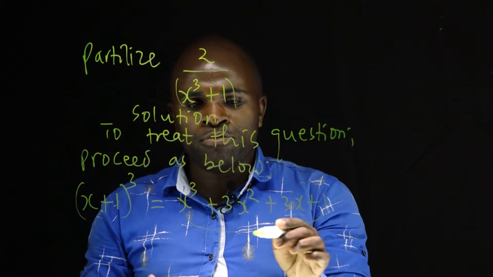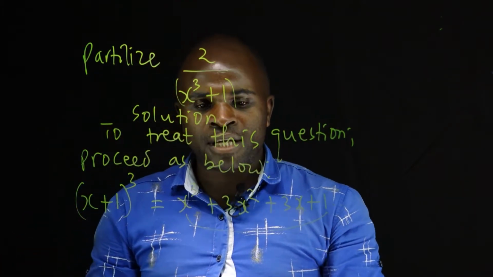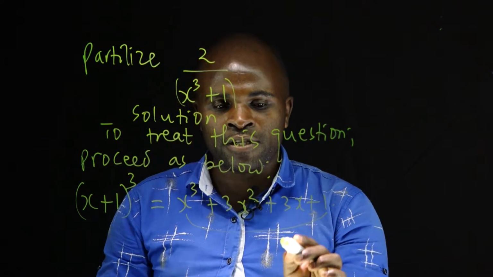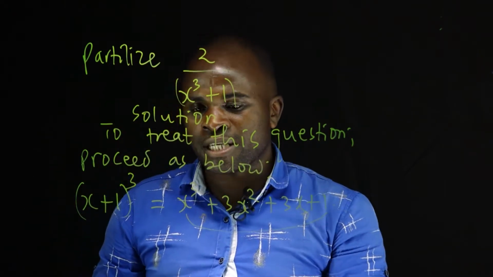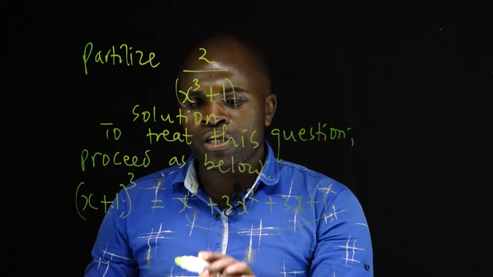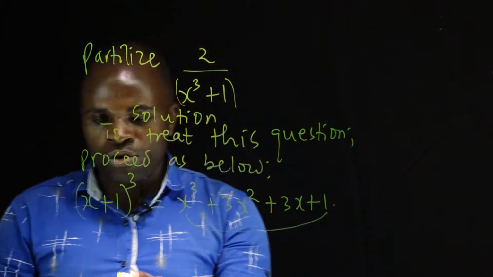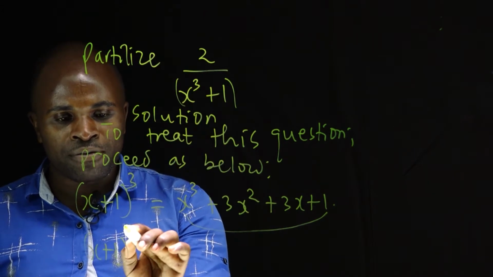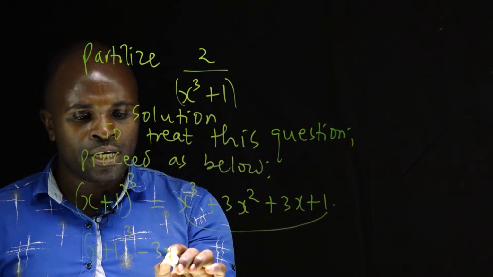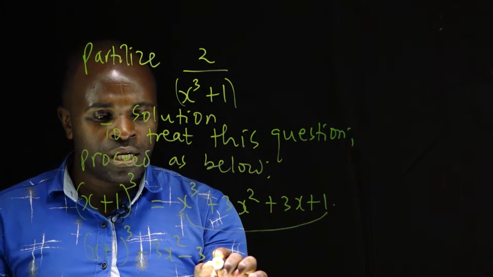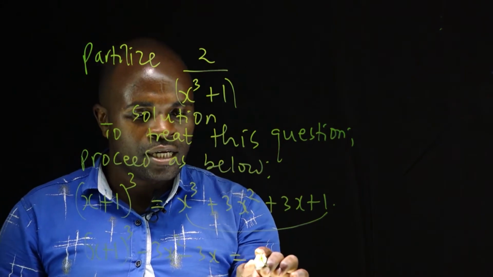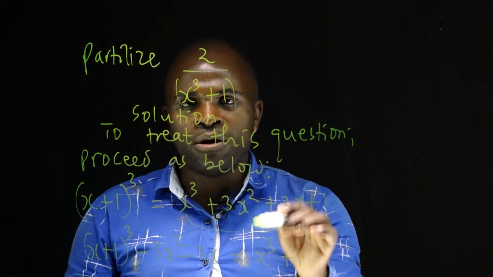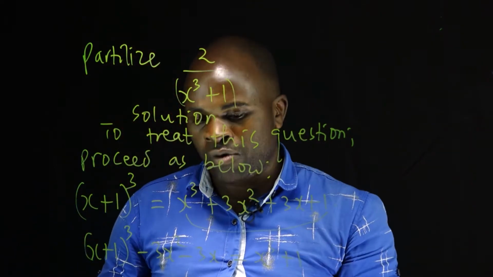Therefore, one could be just taking the terms 3x squared and 3x to the other side of the equal sign. It will be changing to become minus. So we have x plus 1 power 3 minus 3x squared minus 3x, and this side x power 3 plus 1, which is a part of the concern of our expression in our question.